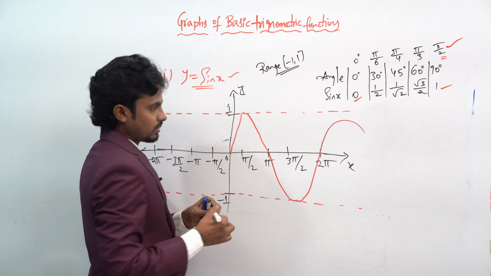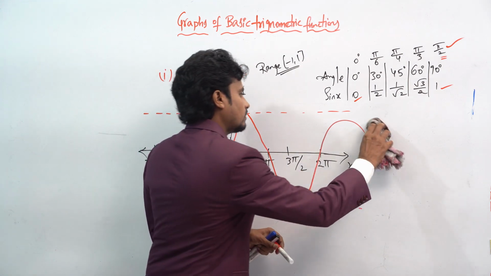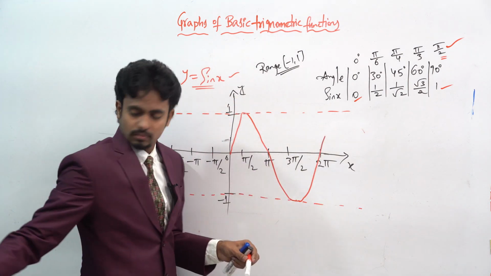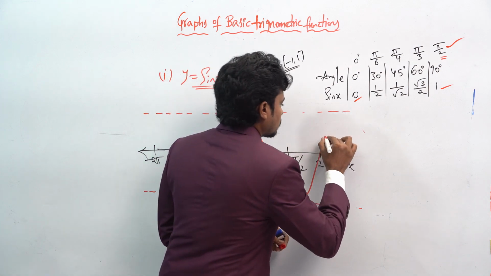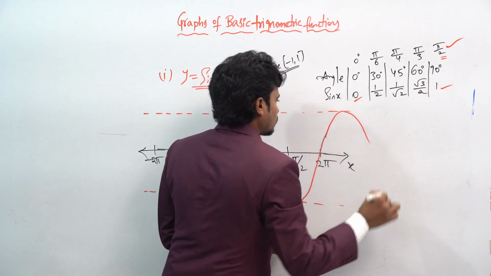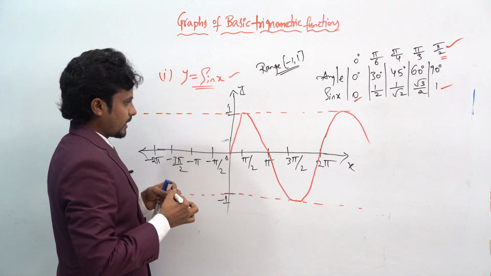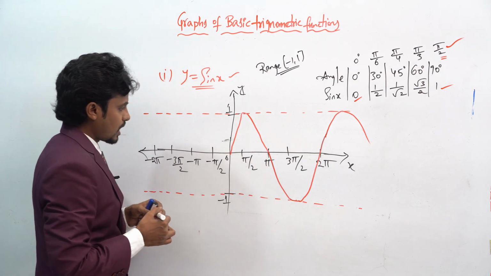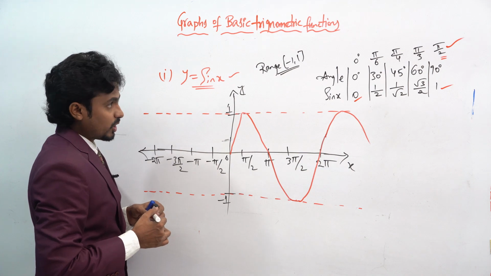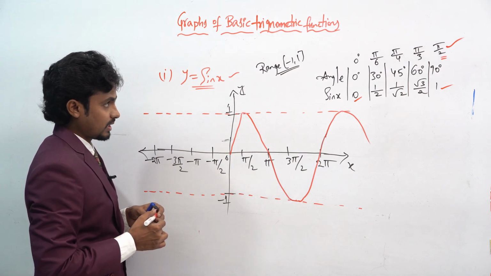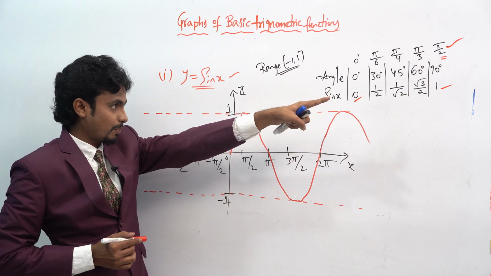So this was the plot. So here for the negative side also, if you want to write for minus pi by 2, that will become -1, right? Plus pi by 2, that will be +1.